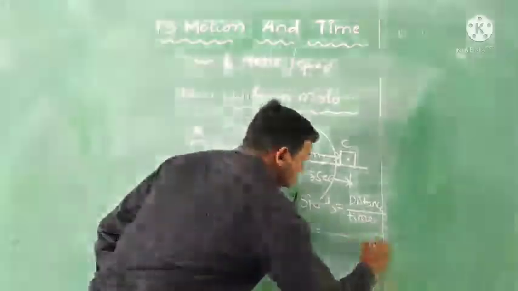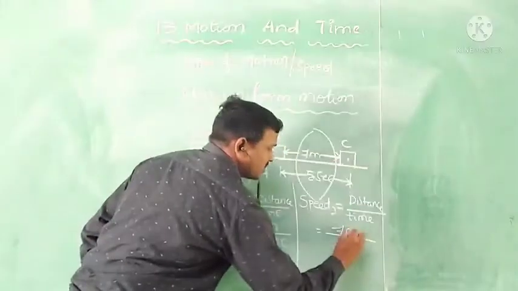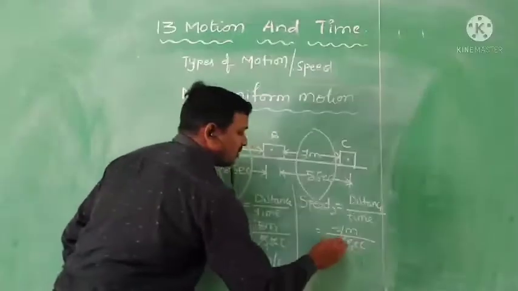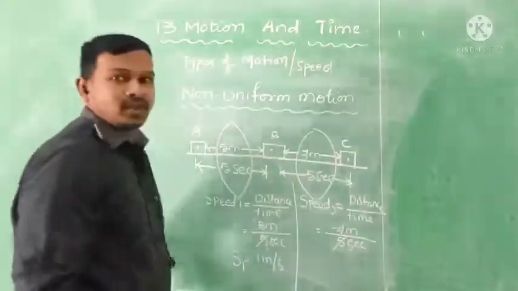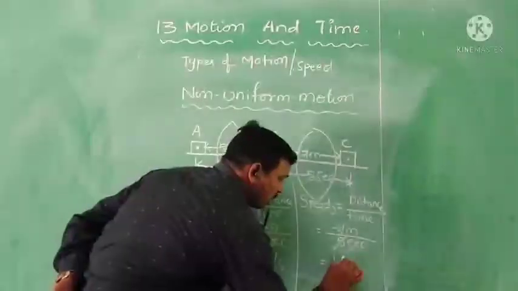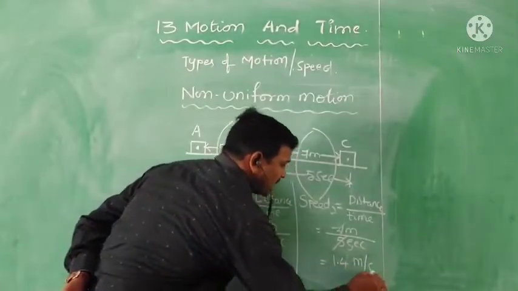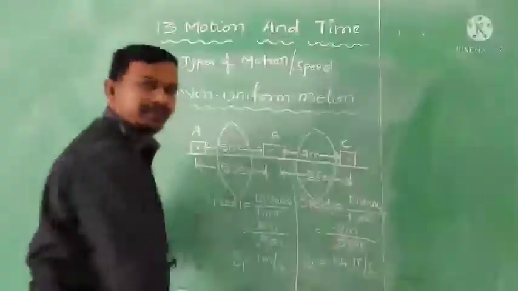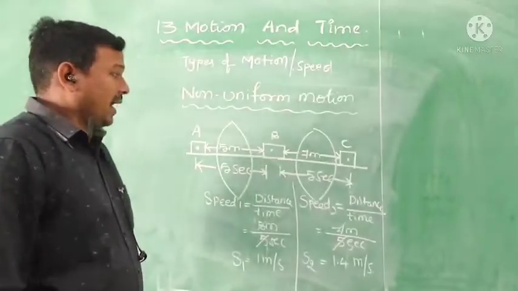The distance he covered is 7 meters. The time taken is 5 seconds. Does the 5 get cancelled? No. So what are we going to get here? 1.4. 1.4 meter per second is the speed in the second situation. S2 I am taking. Right children?